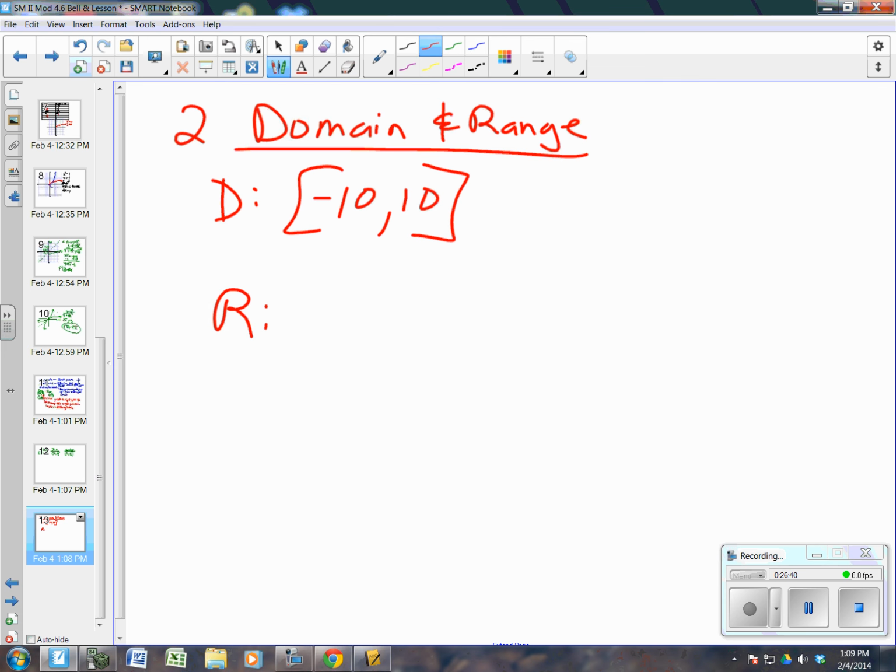It includes every point there, right? So it includes -4 to +7, so that's the range. It goes from up, down to up, yes. Oh yeah, it doesn't include 7, you're right. Okay, sorry. There's a parenthesis there because it doesn't include that point, okay? Any questions on those problems?